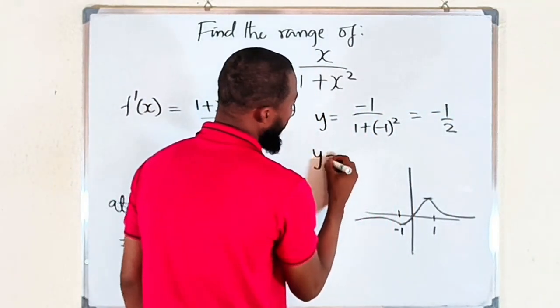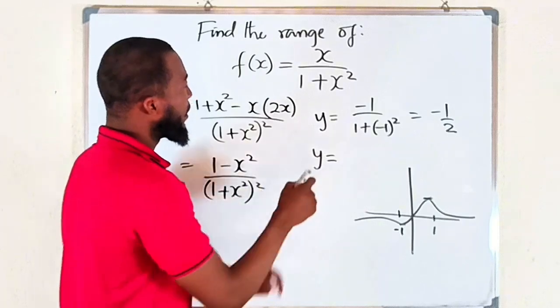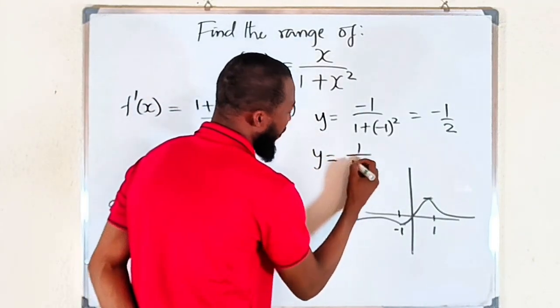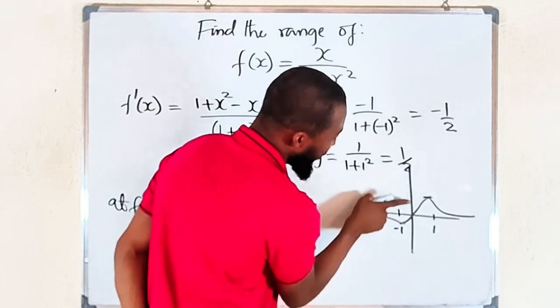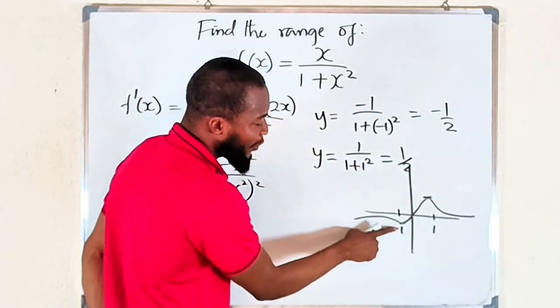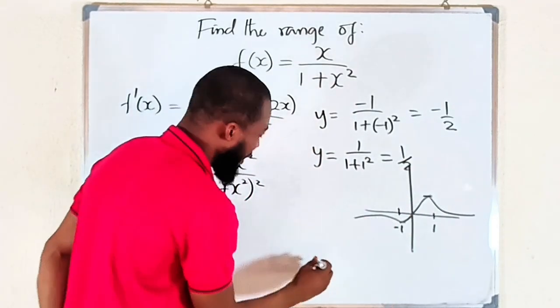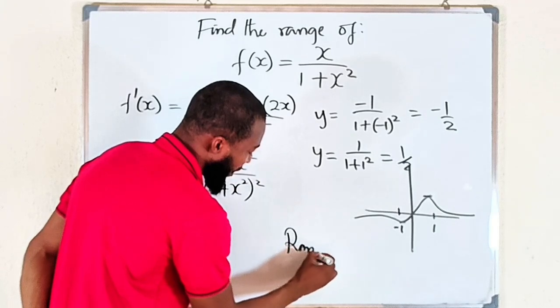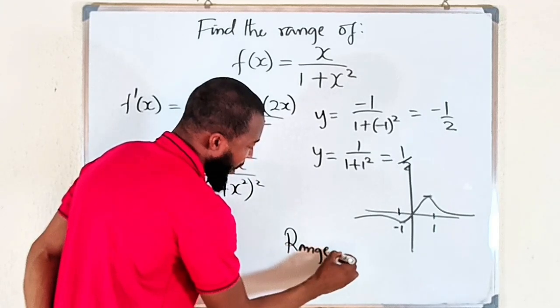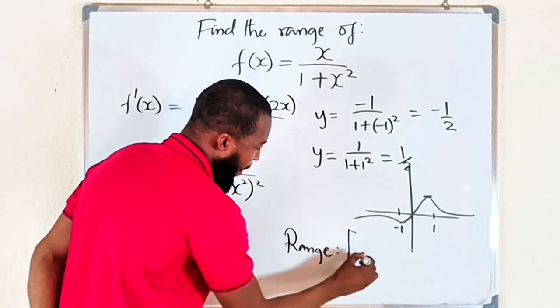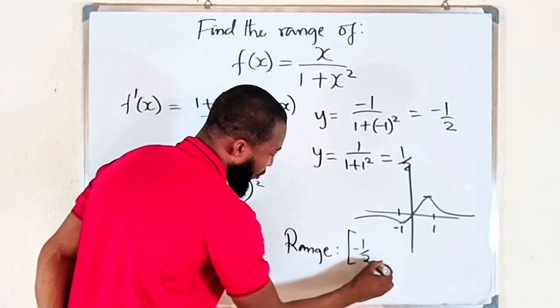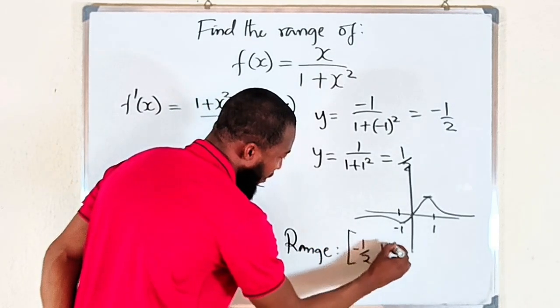Then y can also be, for positive 1, 1 divided by 1 plus 1 squared. This is 1 over 2. So we have 1 over 2 here and negative 1 over 2 here. Therefore, the range is from negative 1 over 2 to positive 1 over 2.